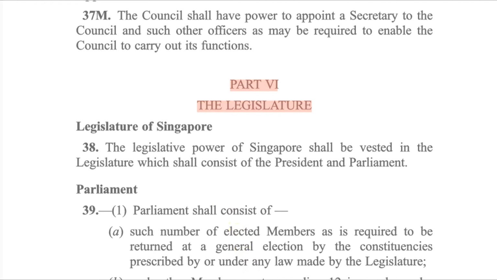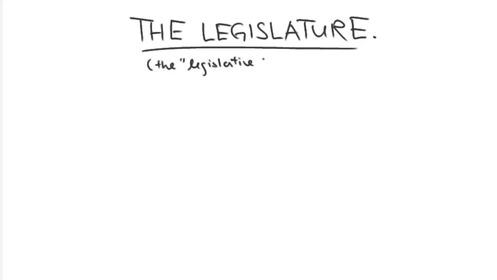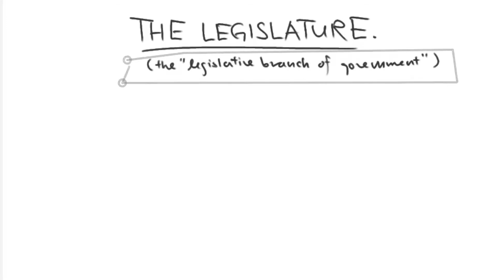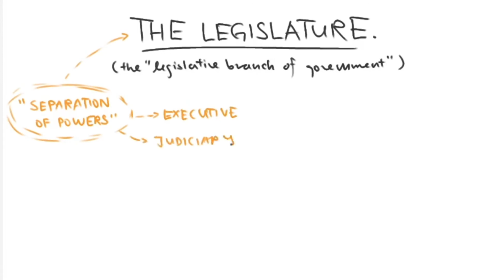That's a big word. What does it mean? Well, going back to our video on constitutional law, once again, you might remember that the legislature is one of 3 branches of government. More precisely, the doctrine of separation of powers splits government power into 3 branches, and the branch which makes law is called the legislature.